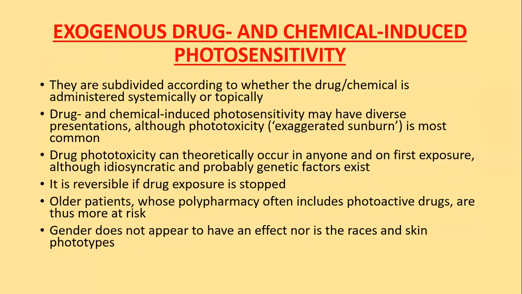Exogenous drugs and chemical-induced photosensitivity. They are subdivided according to whether the drug or chemical is administered systemically or topically. Drug and chemical-induced photosensitivity may have diverse presentations, although phototoxic or exaggerated sunburn is the most common finding.